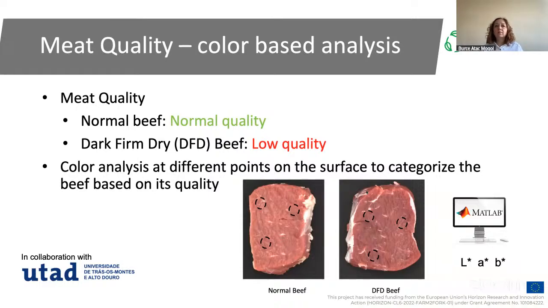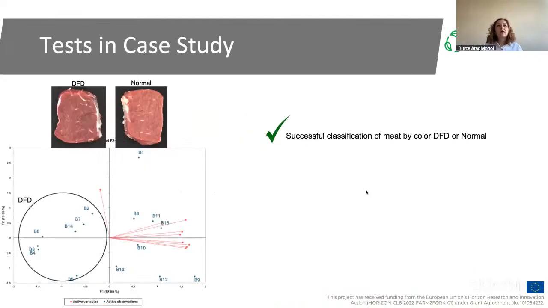So we measure the color at different points on the surface, and then we try to categorize whether the normal beef and the DFD beef, the low quality beef, can be determined just with the color detected from their image information. And we successfully classified the DFD, low quality and normal beef.